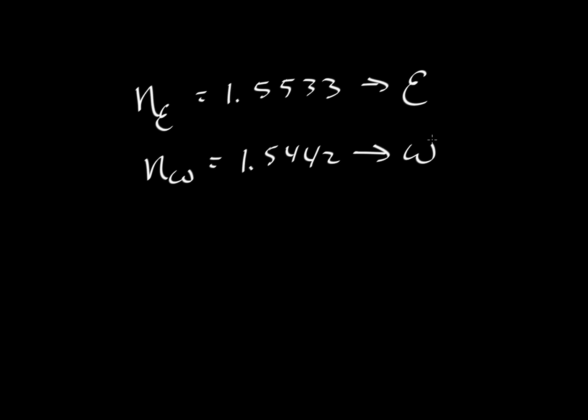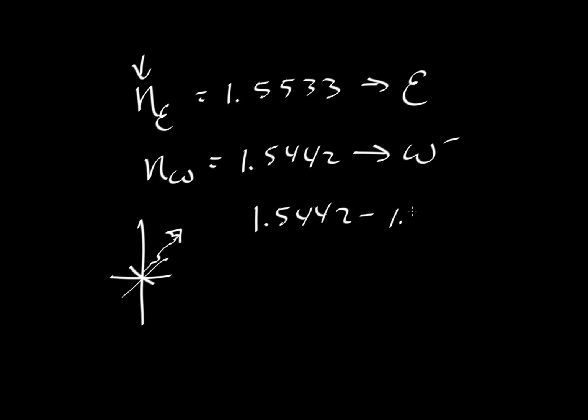The British convention, they might just call it omega without the n, although in American textbooks, we usually use the n and then the subscript. We get two different values that reflect that range, and if light is being propagated in some direction that is in between the C and A axes, then you can have some value that's in between. So you can have anything from a low of 1.5442 to a high of 1.5533, and anything in between. That would all work.